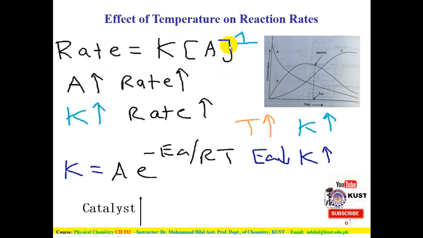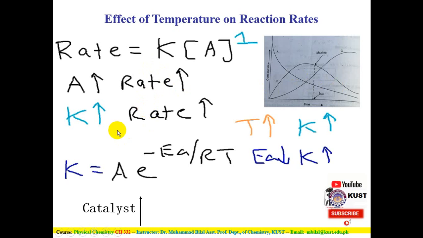If the reaction is first order, second order or third order, the rate of the reaction will increase with an increase in the concentration of the reactant, and the rate will decrease with a decrease in the concentration of the reactant.